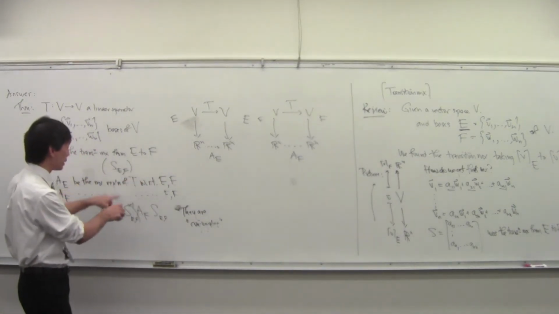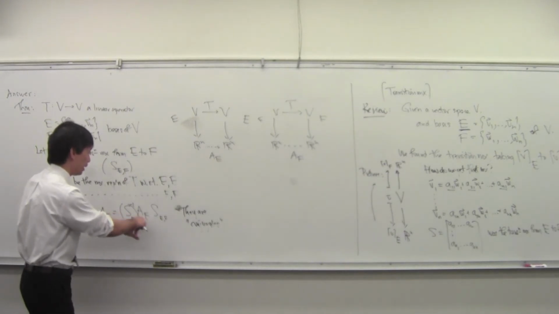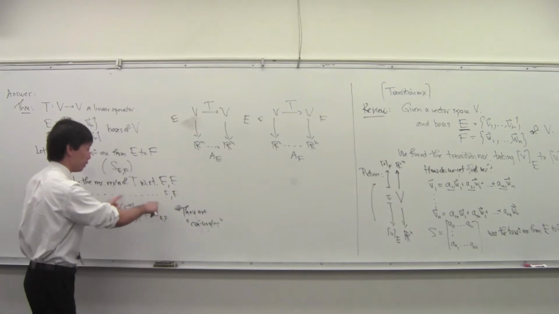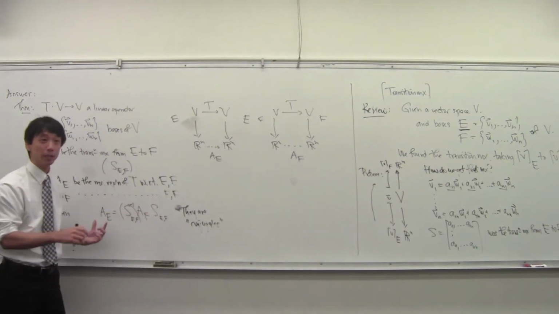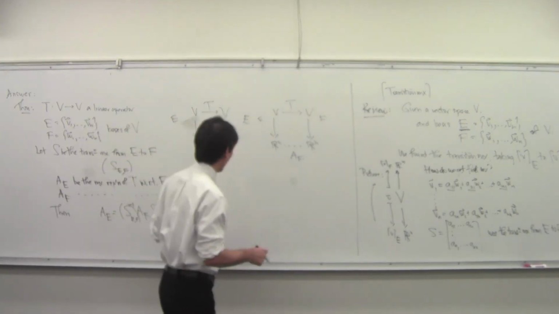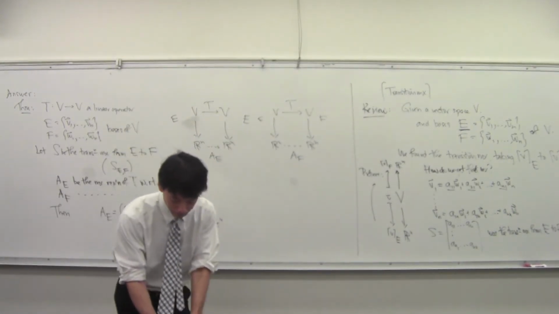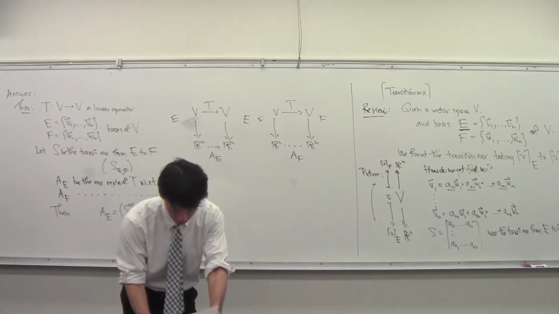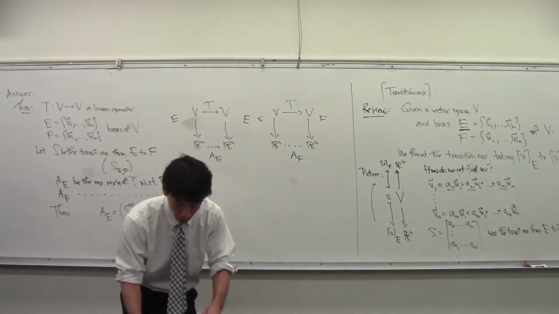That is, there's a matrix so that you can multiply this guy by the inverse and the matrix on either side, and then get to A sub E. Okay.